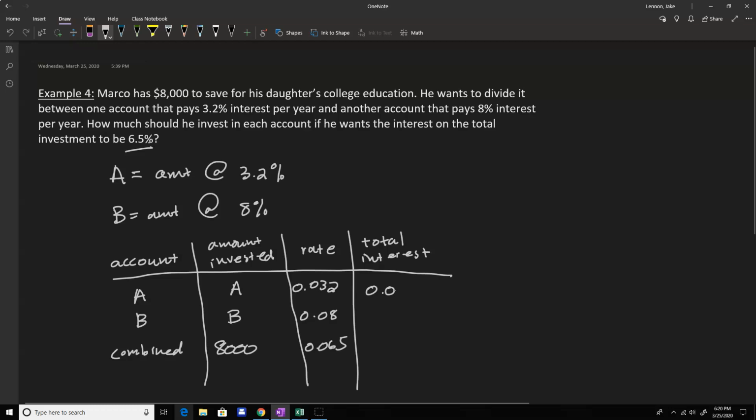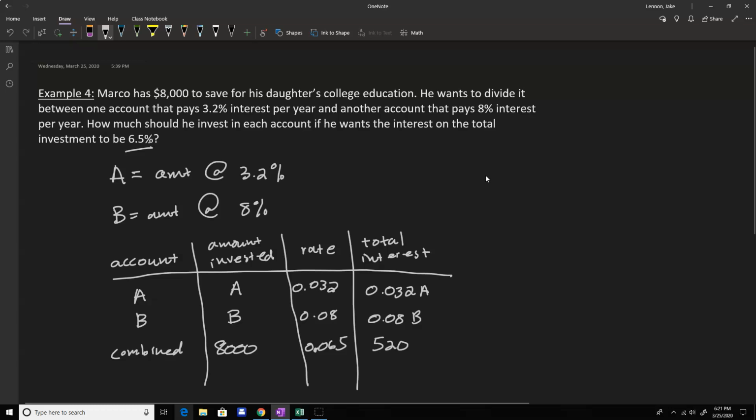So we have 0.032 times A for account A, 0.08 B for account B, and 0.065 times 8,000, which is 520 for the total interest earned. Sorry, I was trying to make the decimal point more clear, but probably I'm just muddying the waters.